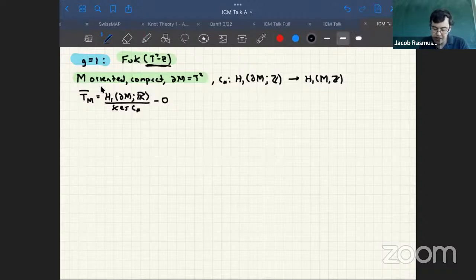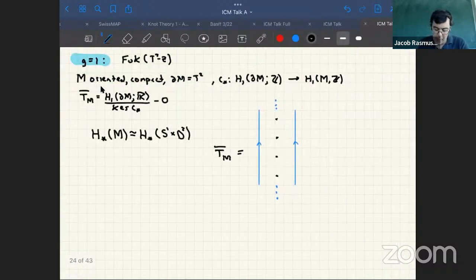That covering space is most easily described by taking H1 of the boundary 3-manifold, removing the integer lattice in there, and then dividing out by an action of Z. The thing I'm dividing out by is the kernel of the inclusion of H1 of the boundary of M into H1 of M. Maybe the easiest case to think about is when your manifold M is a homology S1 times D2, for example the complement of a knot in S3.